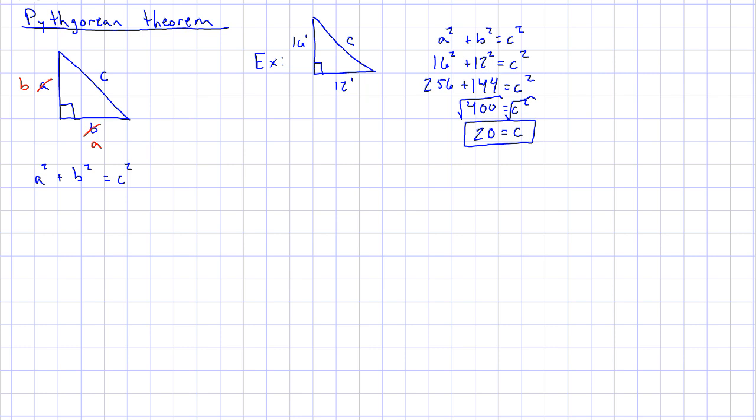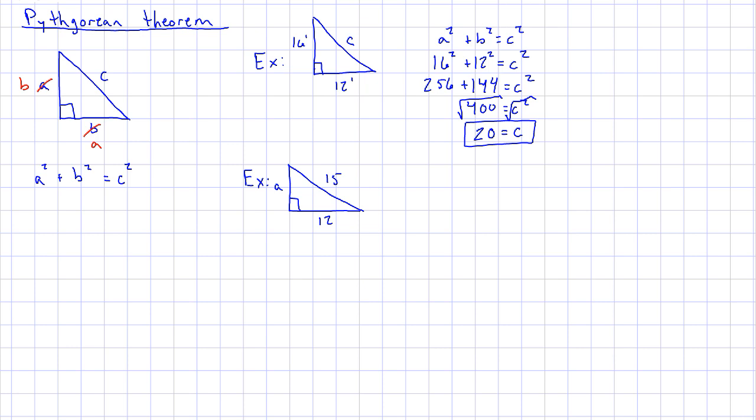Let's do another example. Let's consider, let's say, 15 and then 12 and some unknown. I'm going to call it A, but I could just as easily have called it B. They will give me the same answer.